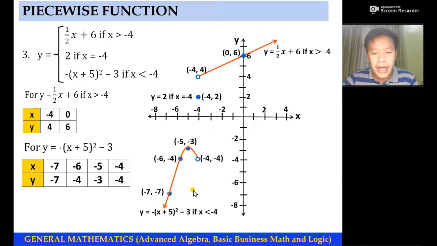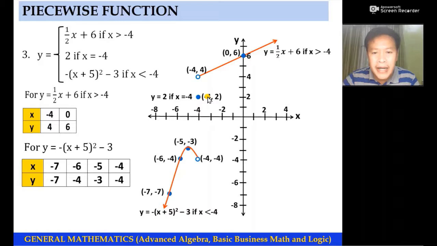So, connect it with a smooth curve. Then don't forget to put the equation of the subfunction beside our graph because that is an indication that this graph is given by the equation y is equal to negative quantity x plus 5 quantity squared minus 3 if x is less than -4.